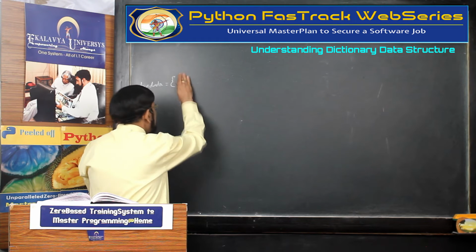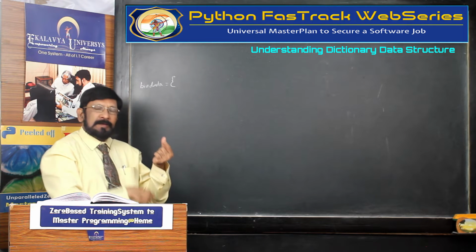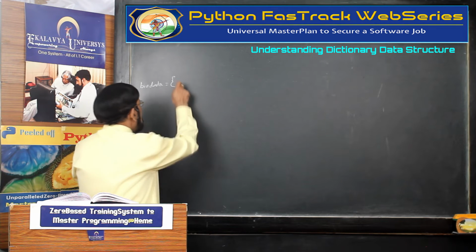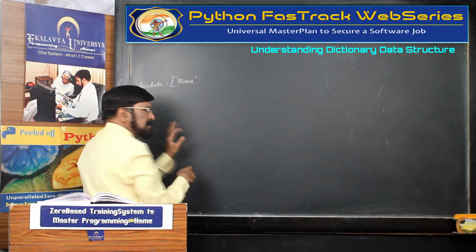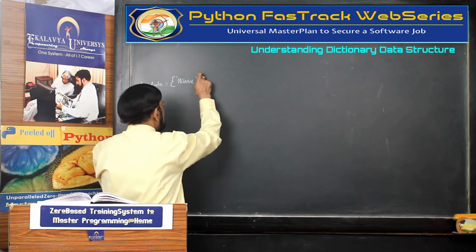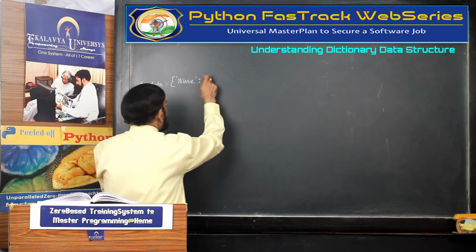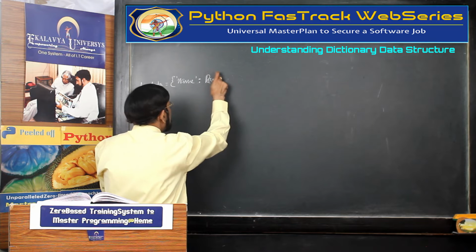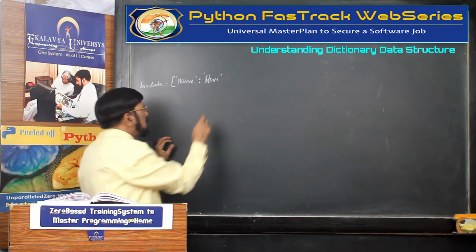Now we see biodata. How do you fill in items? Items means a key and value pair. First you put your name. Always the identifier is a string. Thereafter you write a colon, not a semicolon or equals sign. Then Ravi, which is also a string, that's why I put it in quotes.